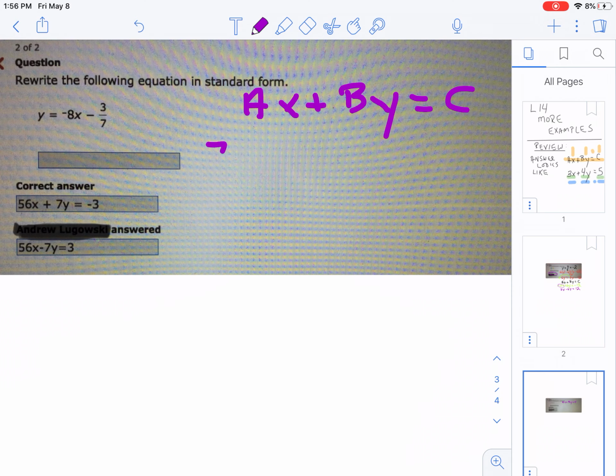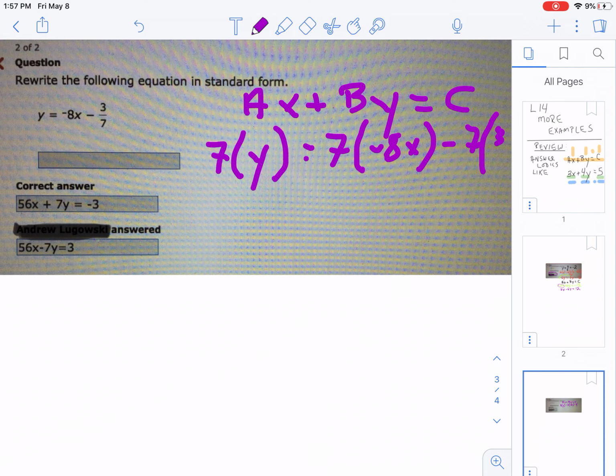So it'll be 7 times y equals 7 times -8x minus 7 times 3 over 7.